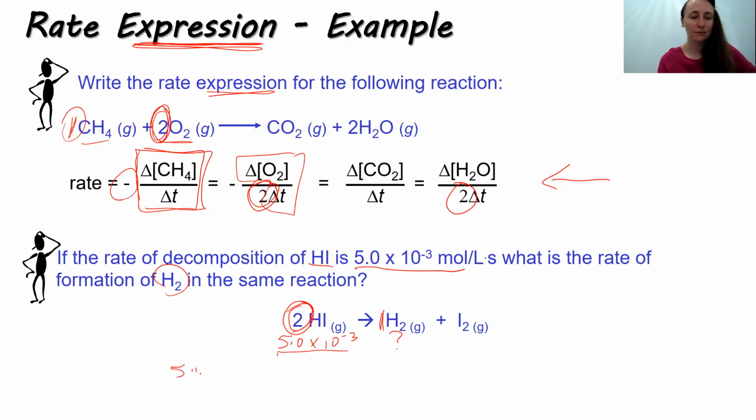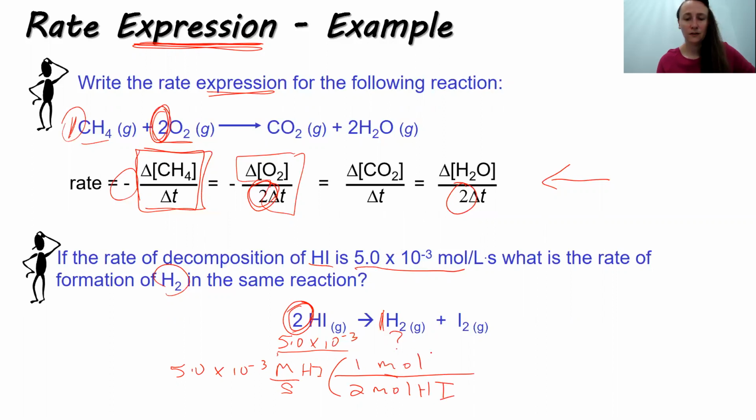If I have 5.0 times 10 to the negative 3 molar per second of HI, for every 2 moles of HI, I have 1 mole of H2, and that will give me 2.5 times 10 to the negative 3 molar per second.